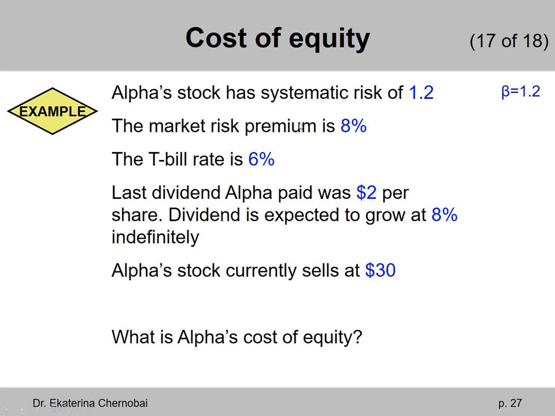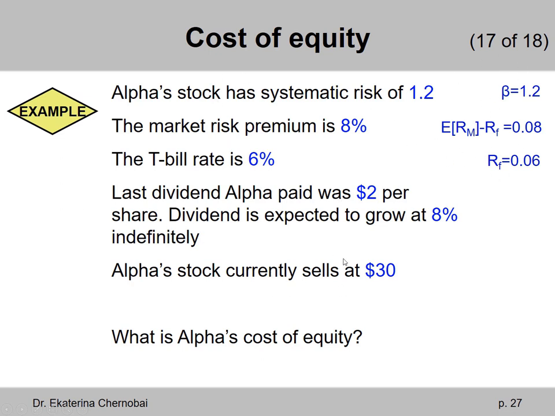The market risk premium is 8%. Market risk premium is the difference between the expected return on the market portfolio and the risk-free rate. Then we know the T-bill rate, 6%. That's R subscript F. These three numbers are exactly what we need in order to use what we called approach number 2, the CAPM approach.